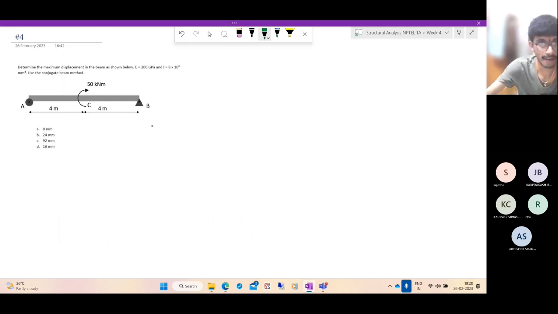Again, it's the same beam, same load. What they are asking is the maximum displacement in the beam. So we already know what the loading is. Consider the conjugate beam.